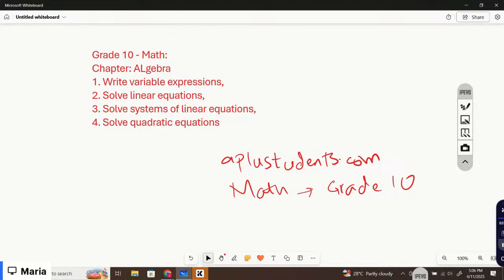We're going to start with the chapter Algebra. The lessons we're going to cover today are write variable expressions, solve linear equations, solve system of linear equations, solve quadratic equations.